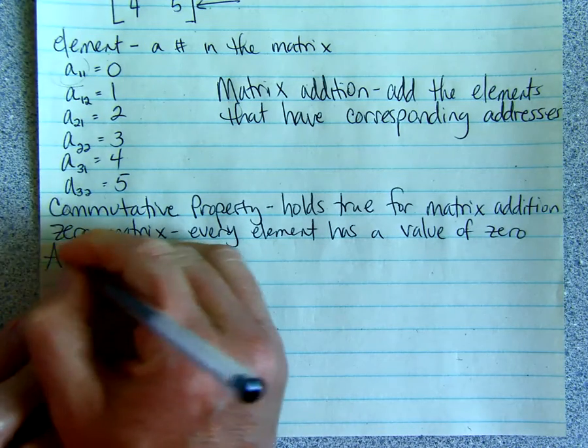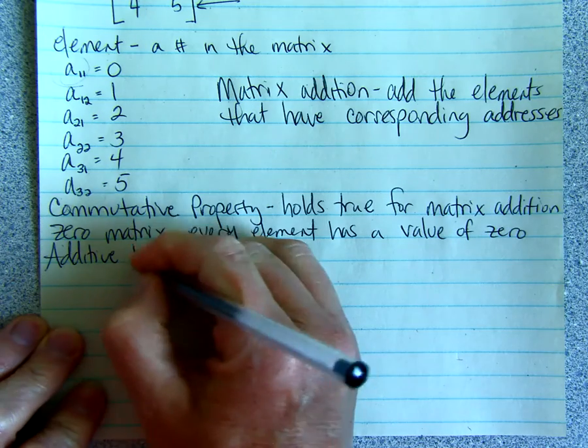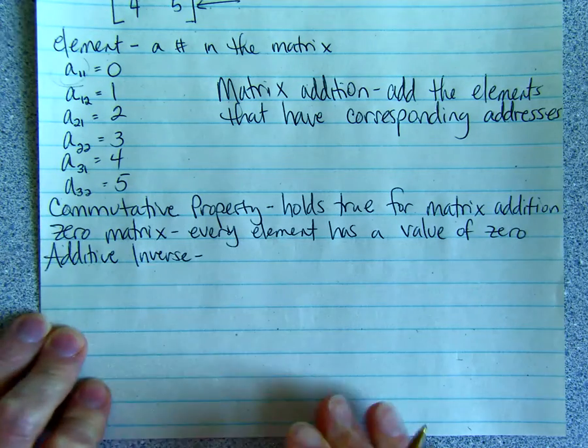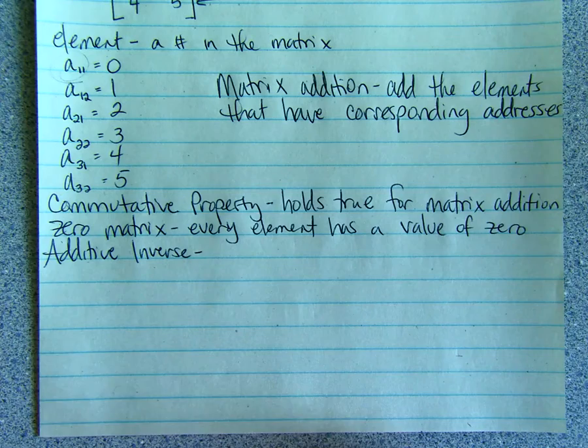The additive inverse of a matrix is where every element in the second matrix is the opposite of each element in the first matrix.